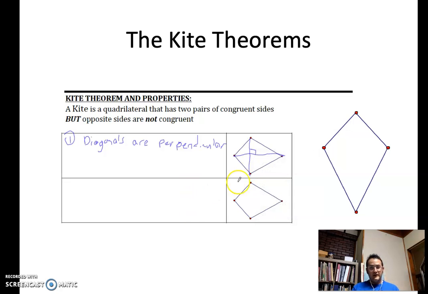Likewise, another useful property is that there is one pair of opposite congruent angles.